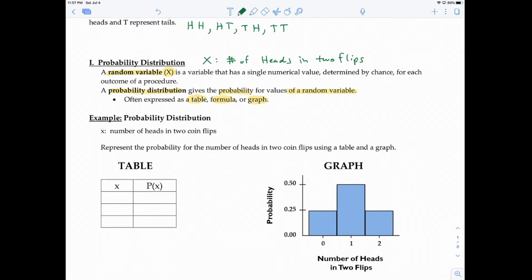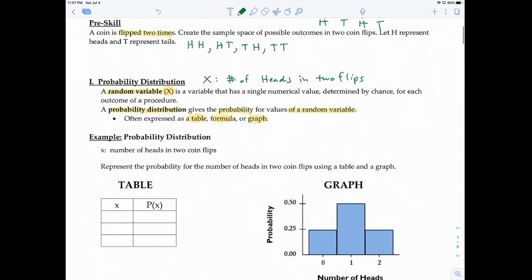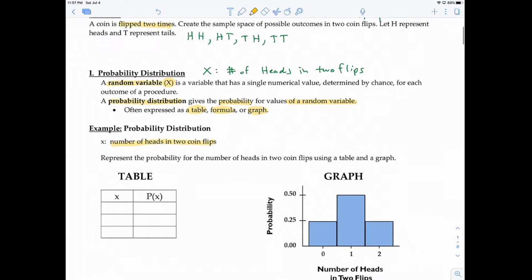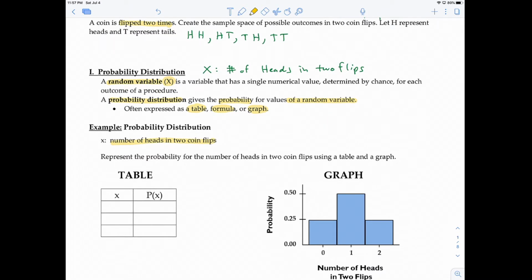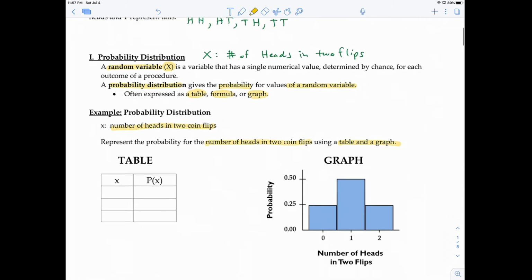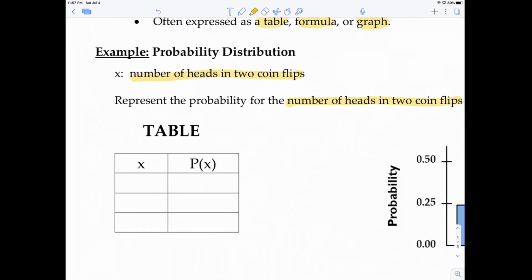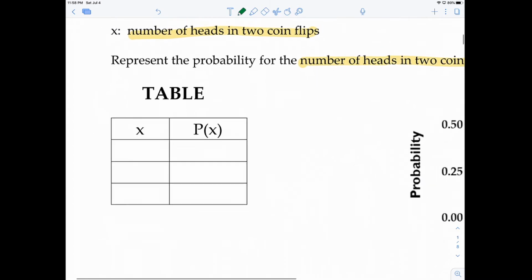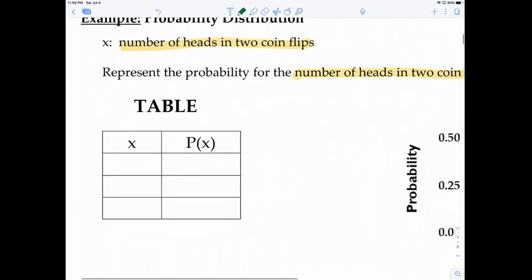Here we have the probability distribution for the number of heads in 2 flips. It says represent the probability for the number of heads in 2 flips using the table and graph. I already have the graph drawn for us, but let's take a look at the table. So X is the number of heads possible in 2 flips.